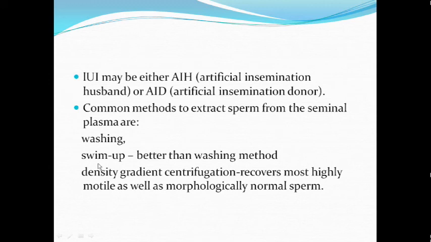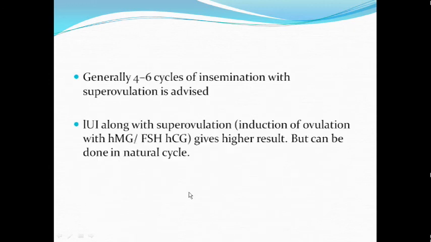So: washing, swim up and density gradient centrifugation. Generally 4 to 6 cycles of IUI with superovulation are advised. IUI along with superovulation gives the highest result, but it can be done in a natural cycle without induction of ovulation.